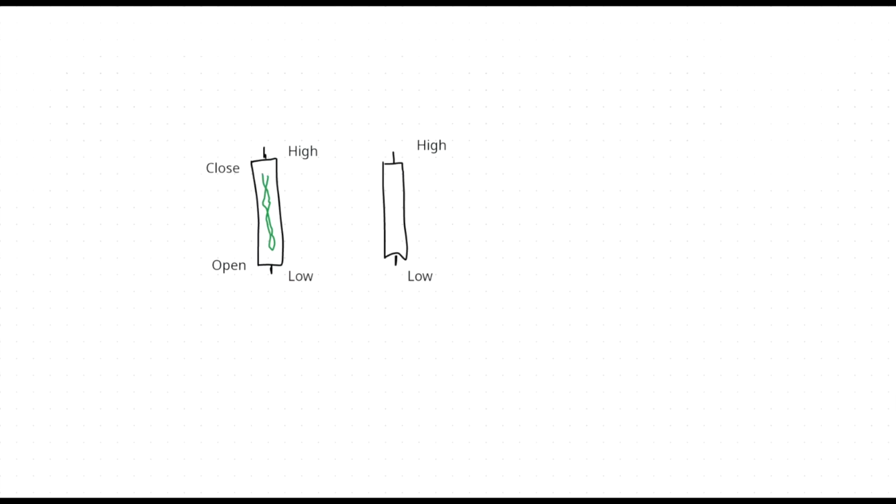So we're going to have the close at the bottom of the candle, this line right here, meaning it closed lower than what it opened. That is going to cause the candle to be a bearish candle or a red candle. So we're going to come back here, get this pen, and turn this red, and that is what makes a red candle.